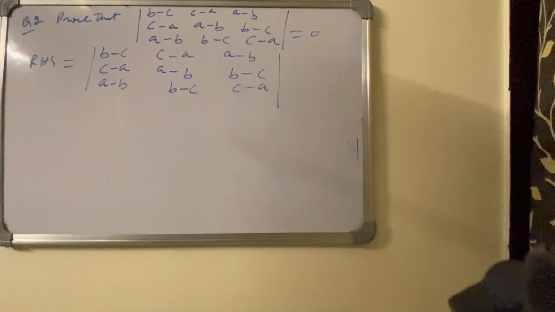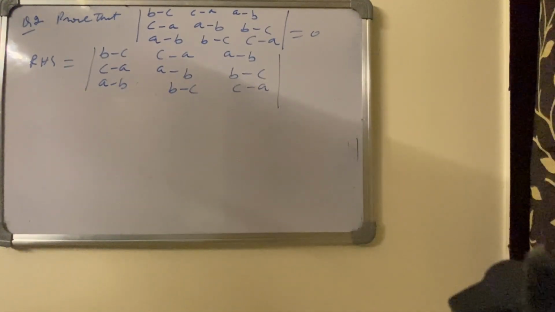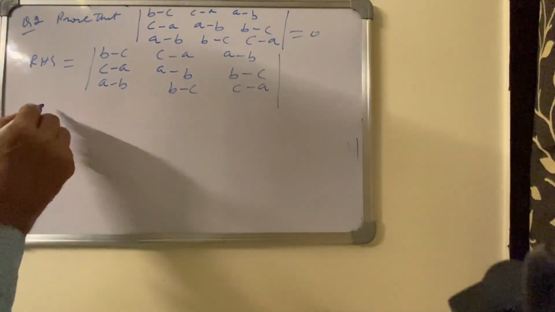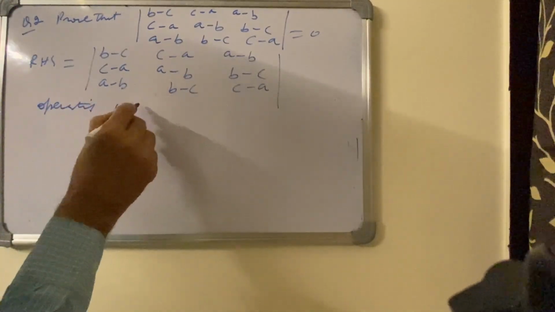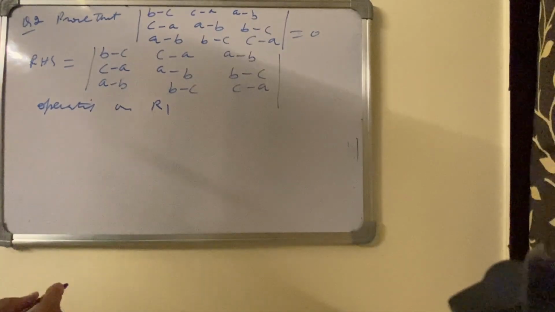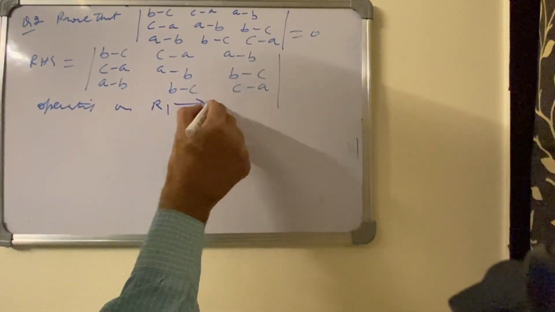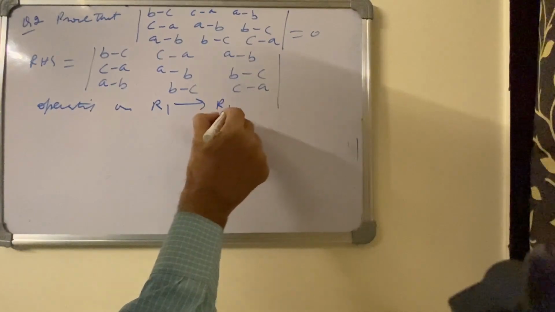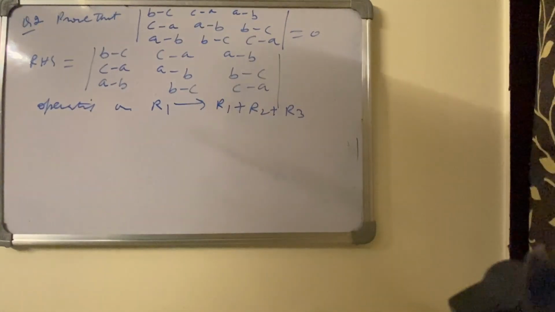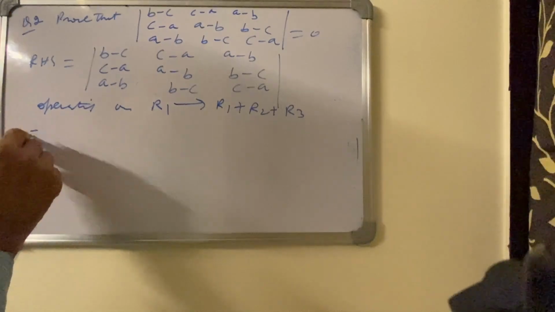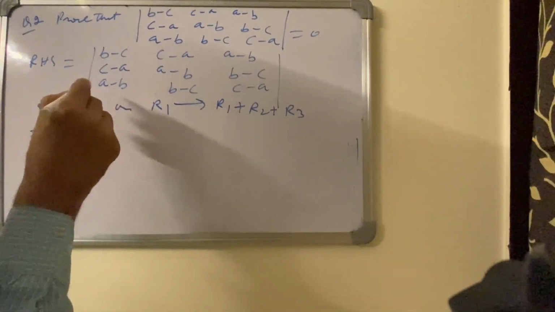We can either operate on R1 or on C1. Operating on R1 is equal to R1 plus R2 plus R3. We shall add all these three rows.